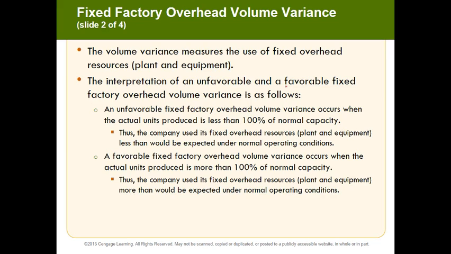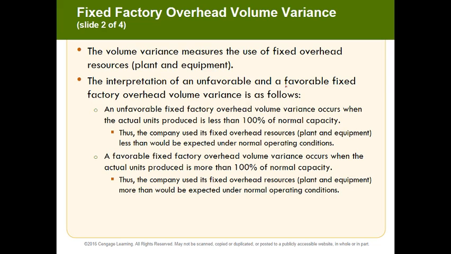The interpretation of favorable and unfavorable is done by taking the following assumptions. So we have an unfavorable fixed factory overhead volume variance. That's a lot of repeating words with the same beginning letters. This happens when the amount of units that we actually produce is less than 100% of normal capacity.